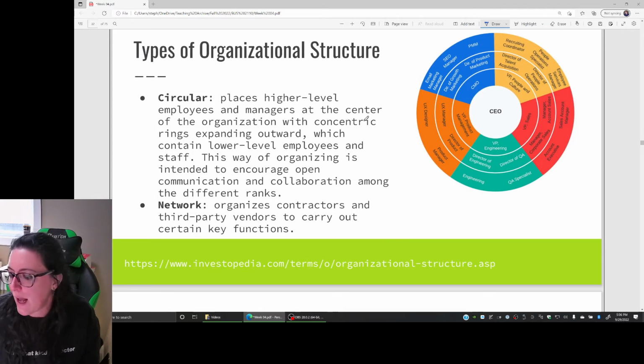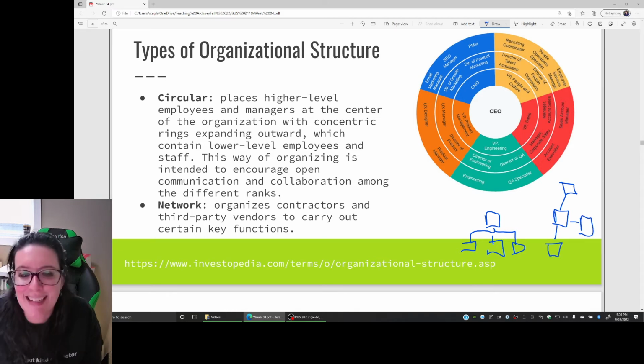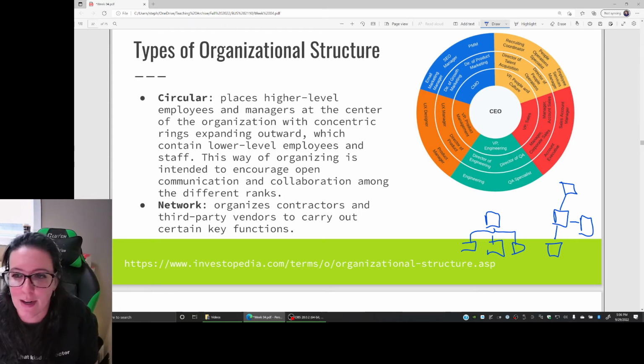So it still has somebody at the center, and instead of showing a chart that looks like this, we would have a chart that looks like this. And the idea here is to show that there is more decentralization, so it's not just one person at the very top.